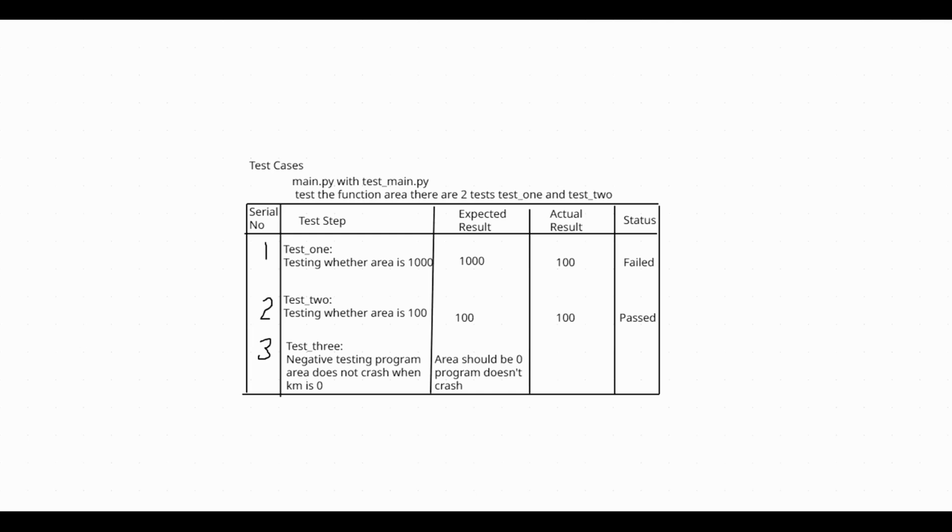If you miss this, then if the original software developer has been the author of this test case, after review comments, if this was not added, they'll put a comment that, look, this has to be added, and then he goes adding the third test case, test 3 negative test, and puts the expected to be 0.